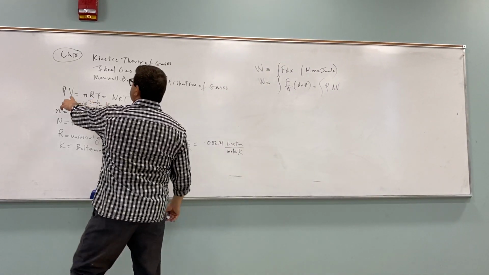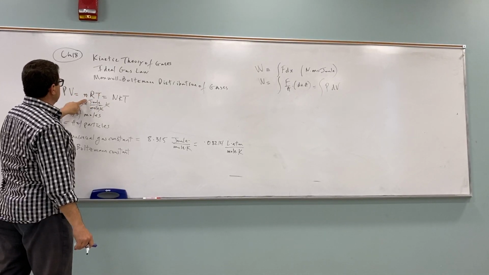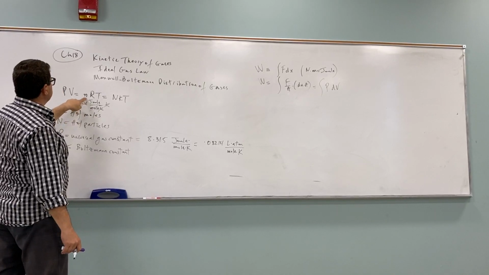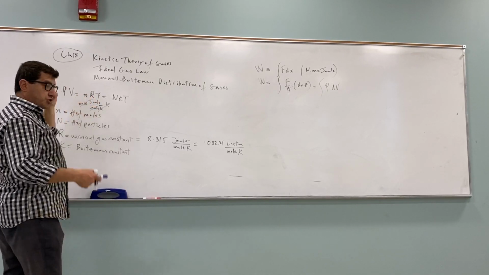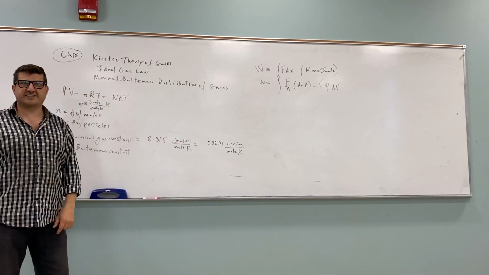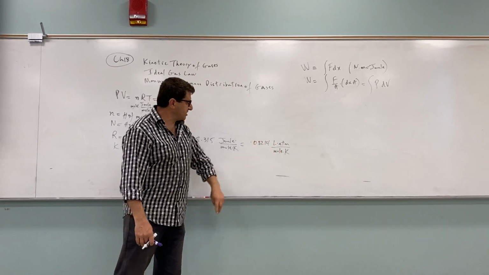So if pressure times volume is energy, the rest should work out so that you get units of energy. If this is moles and Kelvin, R should have units of energy, which goes to joules right there. But how do you go to liters and atmospheres?